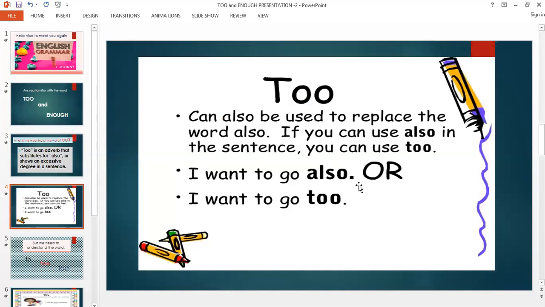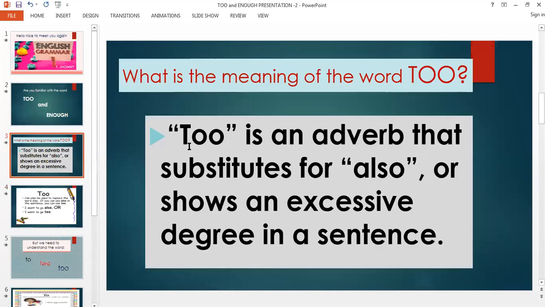Look, they have the same meaning. Even though you use "too" here, it's right. When you use the word "also" here, it's also right. So again, "too" is an adverb that substitutes for "also" or shows an excessive degree in a sentence.